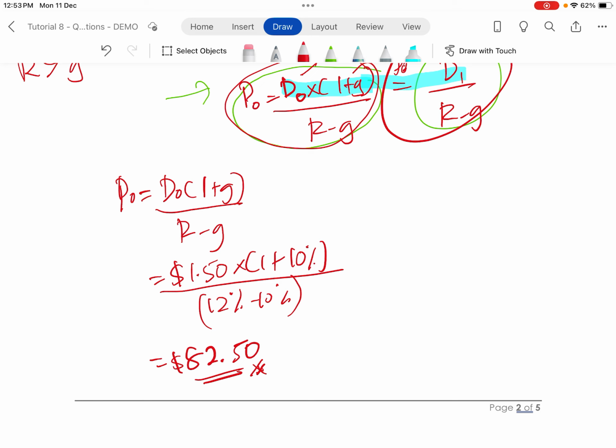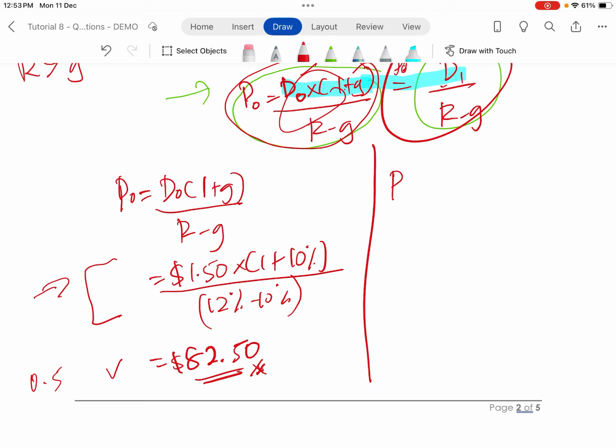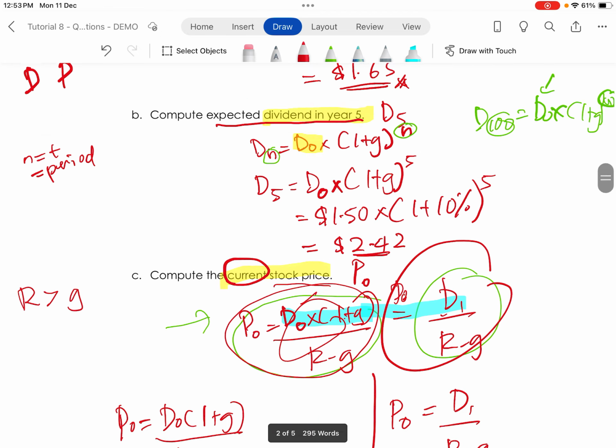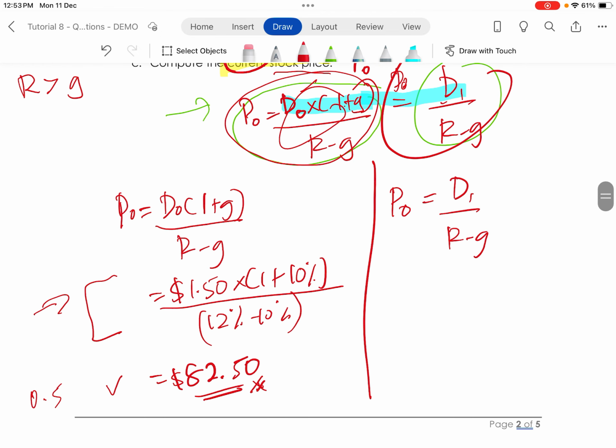Remember, in finance, this part contains more marks compared to this one. This is only half, this one is small. It might have 2 or 3 marks from here. Now, alternatively, if you don't want to use the first formula, you can also use this. Because you already calculated this.